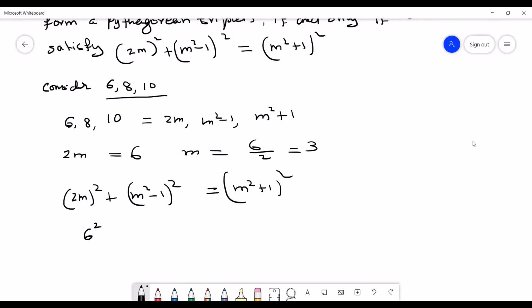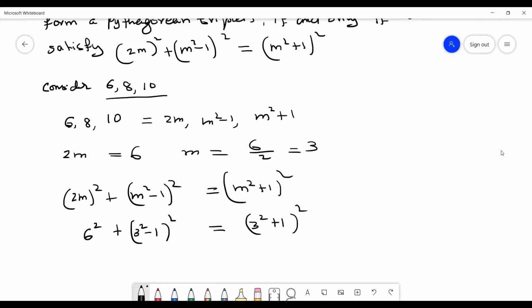So 6 square plus 3 square minus 1 the whole square is equal to, we have to prove, 3 square plus 1 the whole square.